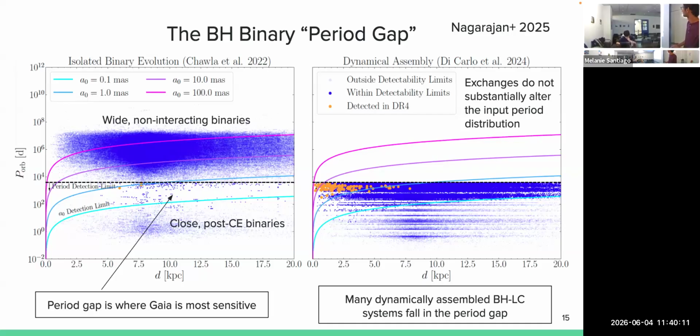And about the contour line with the varying semi-major axis, or not semi-major axis, but detectability criterion in terms of Gaia separation in sky, arc-second separation. What is the difference between a 0.1 milliarcsecond, which is the completeness limit for a Gaia survey, versus a 1.0?